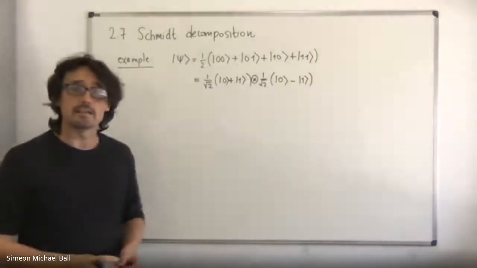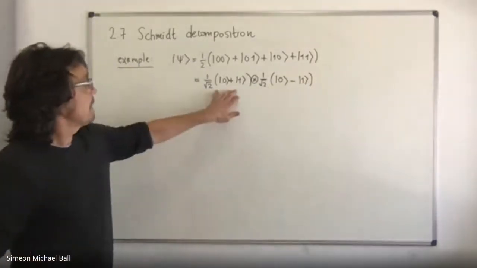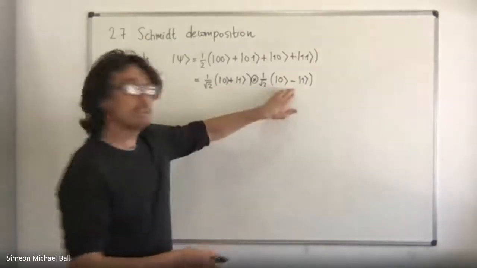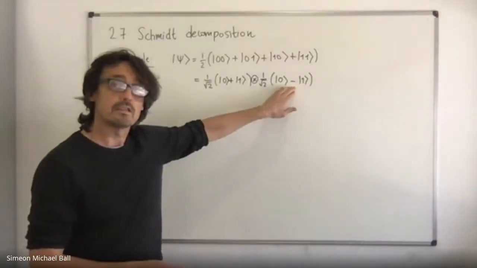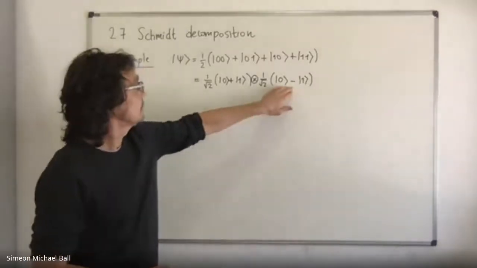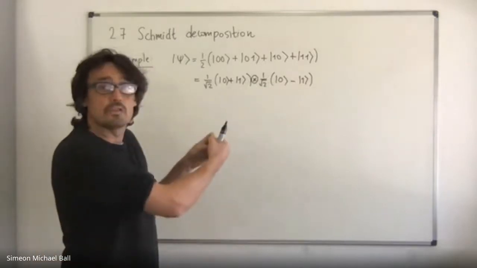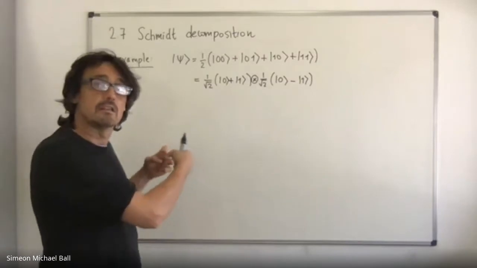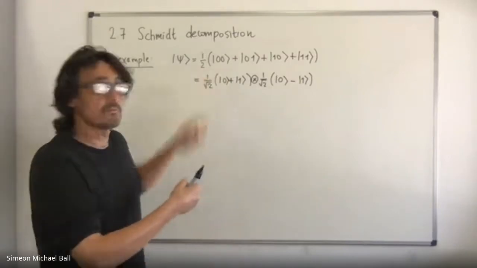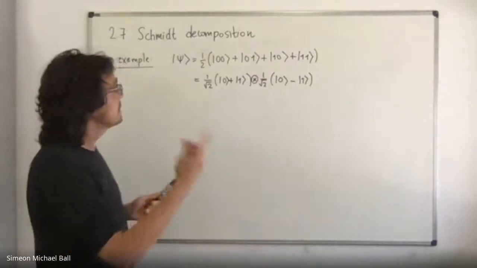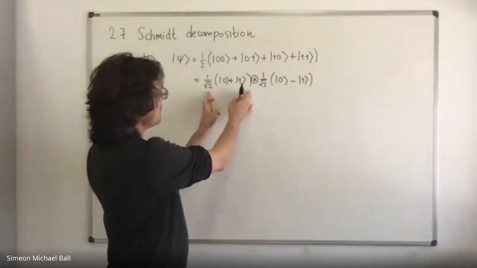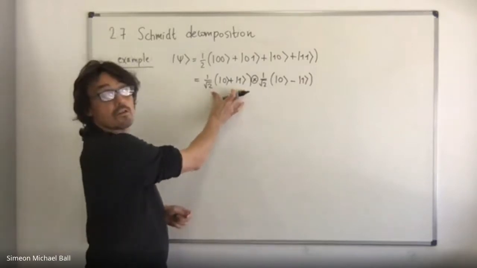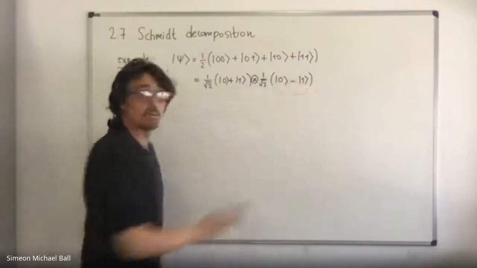So what we've really done here is we have one particle in this superposition, and we put it together with this particle in the second system. So there's no entanglement in this state between the two systems, system 1 and system 2. It's simply a superposition of qubits on the first system and a superposition of qubits on the second.